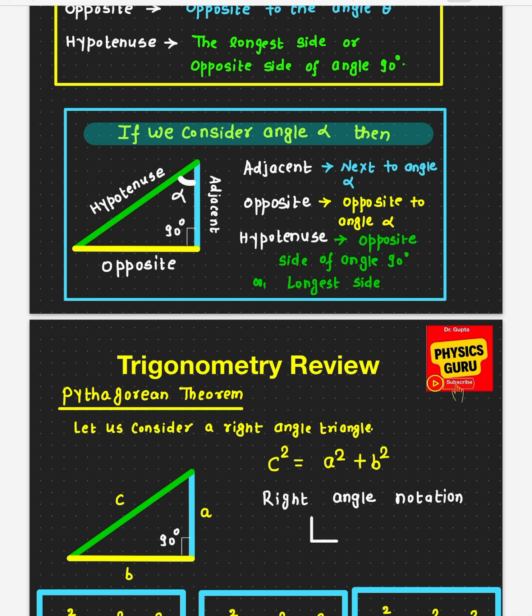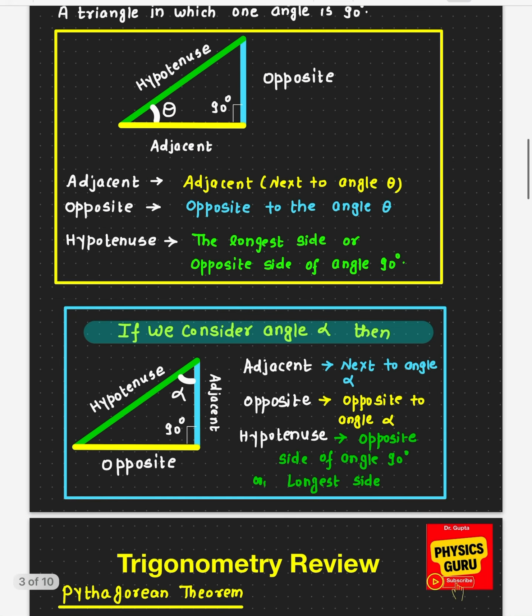So the hypotenuse will not change, but depending upon the angle, opposite and adjacent will flip. I hope you understand adjacent and opposite here, and this understanding is very important once we calculate the sine, cosine, and tangent.